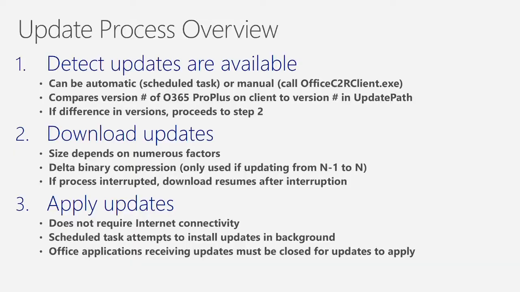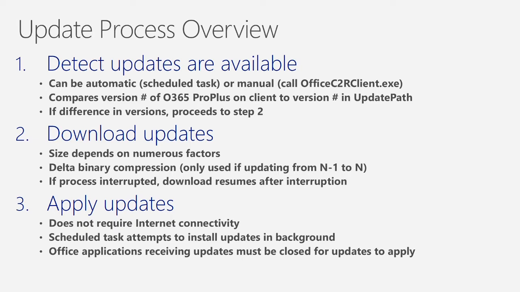You can manage it with the EXE and send commands directly using older versions of Config Manager, or if you're on a 1606 version of Config Manager, you can actually do this natively in the client without having to package it up. So that's one key differentiator on the update process.